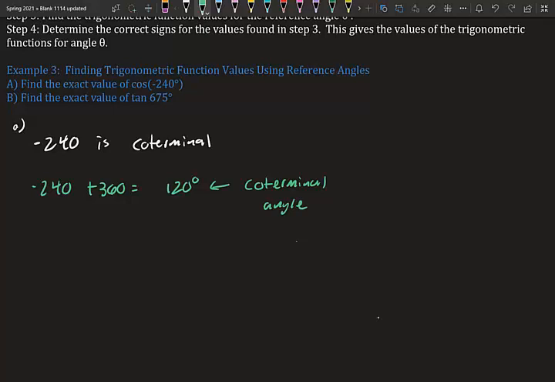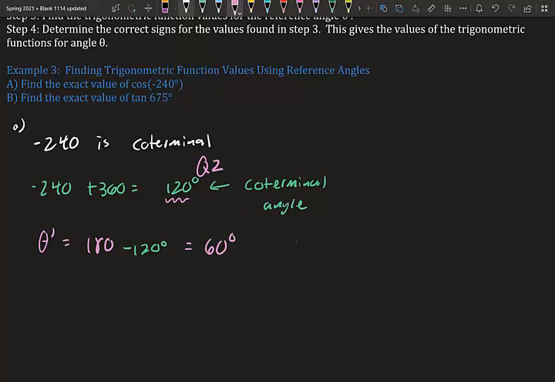So now that we have that, we can go ahead and find the reference angle. Since we're in quadrant 2 here, 120 degrees, we haven't passed 180 yet. So we need to know how much we need to get there. So we do 180 minus 120, and we get our reference angle of 60 degrees.